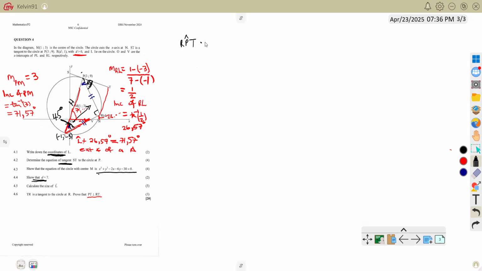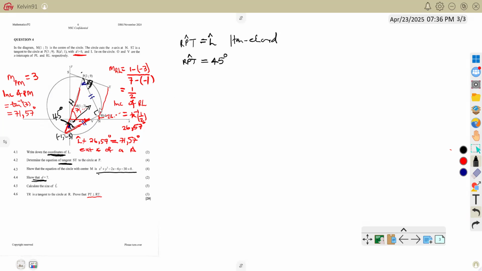We are saying that angle is equal to the angle in the alternate segment. It's tan chord. Therefore, we can say RPT is equal to 45 degrees.